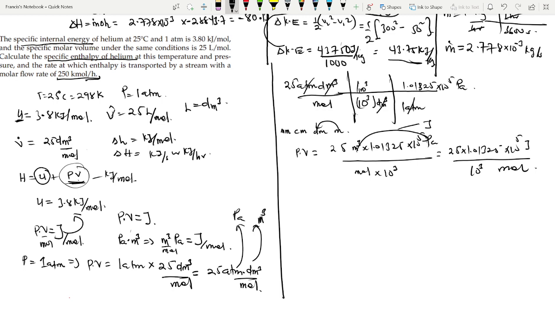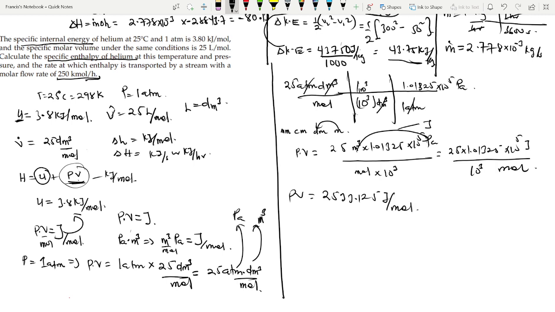So we have to evaluate this. So we get our PV to be 25 times 1.01325 times 10 to the power 5 divided by 10 to the power 3. So we get 2533.125 joules per mole.